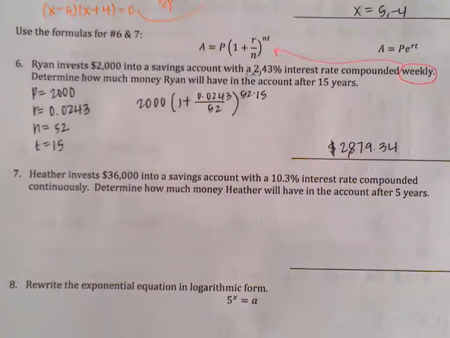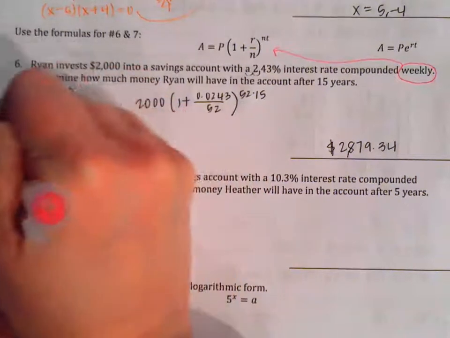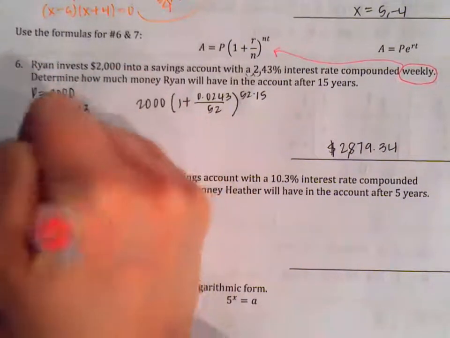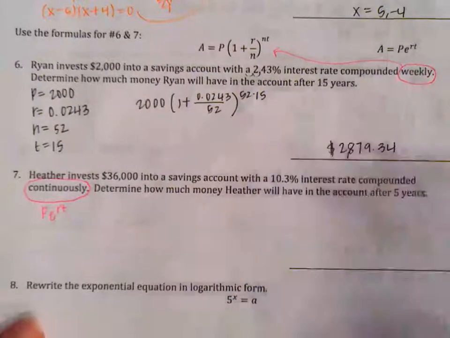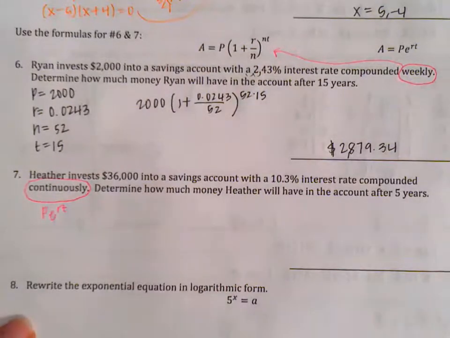Okay, so for 7, Heather invests $36,000 into a savings account with 10.3 interest rate compounded continuously. Determine how much money Heather will have in the account after 5 years. So when I see compounded continuously, that tells me I'm using the PERT formula, this one up here. So again, I just am identifying what everything is.